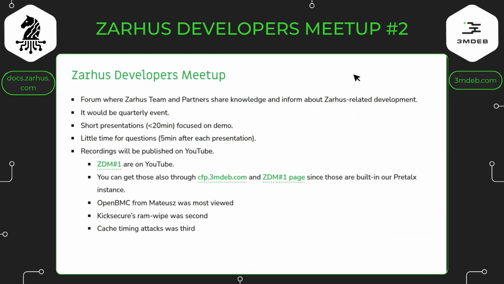Those presentations are focused on demos. So we have a little bit of theory, and most of it is demo, presenting some features, some achievements, maybe except this presentation. And then we have some small time for questions. And if there are no questions, I typically ask something myself.